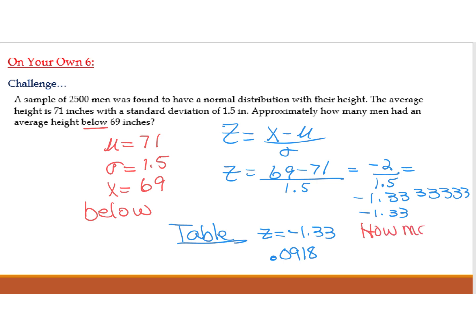Then I'm going to take that decimal, 0.0918 times 2,500, and I get 229.5. We cannot have half of a person. We are going to drop that. So my answer is 229 men would have an average height of below 69 inches.